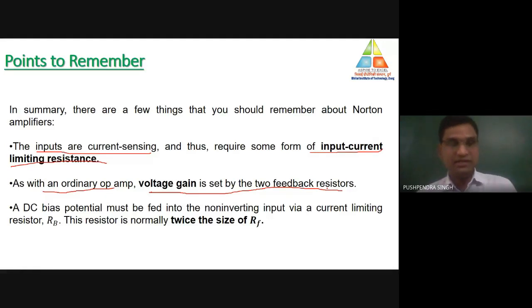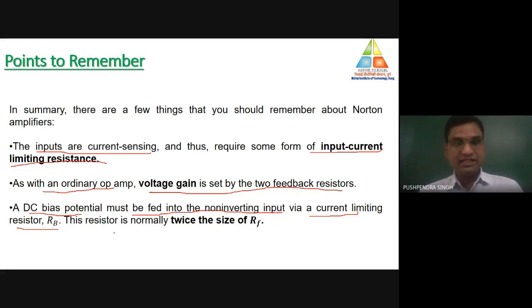Third, a DC bias potential must be fed into the non-inverting terminal via current limiting resistance RB. So in every condition, DC supply voltage VCC must be connected at the non-inverting terminal only, not at the inverting terminal.